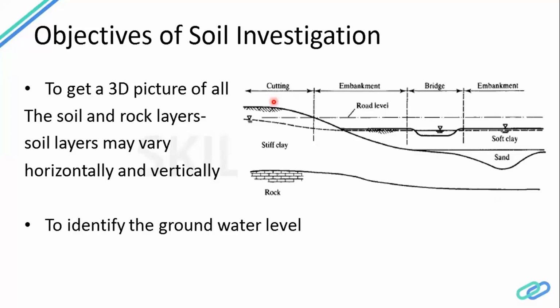Suppose we have a borehole taken only here and we take it for the design, then we will design as per stiff clay condition, which is not correct, because if we keep a foundation here, we will take the properties of the stiff clay, whereas at the same depth we have soft clay here. So it is very important to get the right number of boreholes to get the correct image of how the site looks. So by soil investigation, we get a 3D image of how the soil will be.